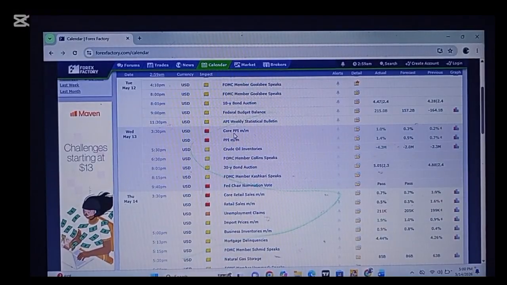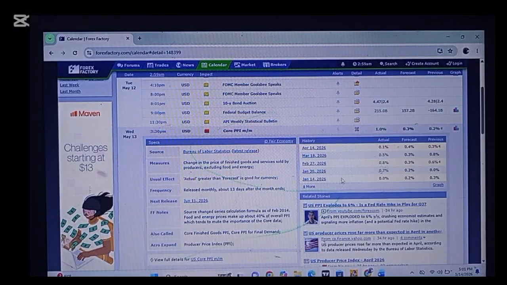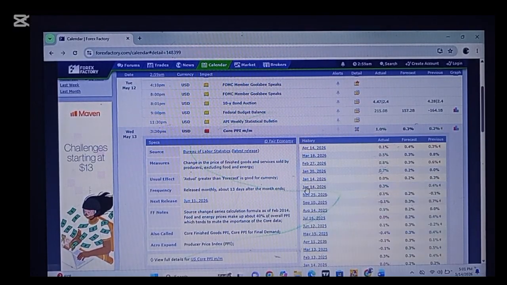Then we had core PPI month to month, and the actual was 1.0 and the forecast was 0.3. So you can see this is a very hot print. If you look at the history of PPI from 2026 and 2025, we have never had a print of 1.0.